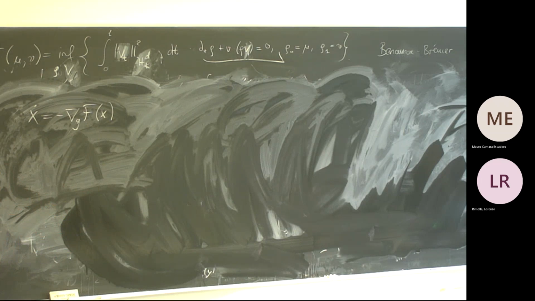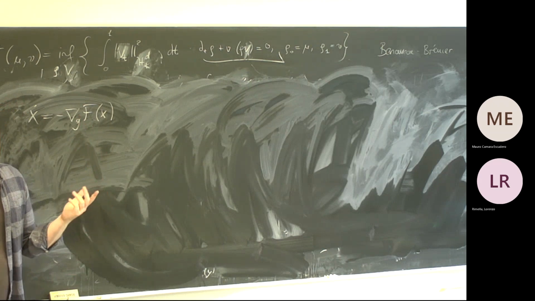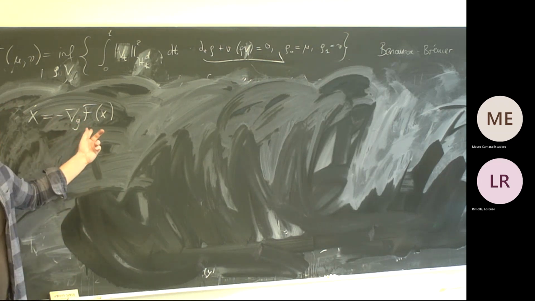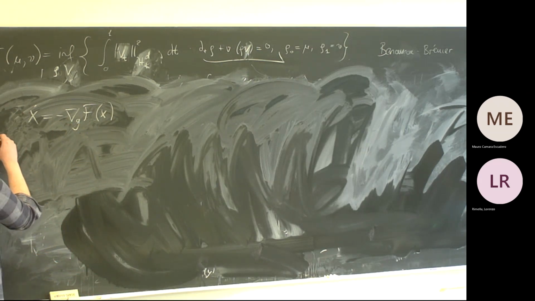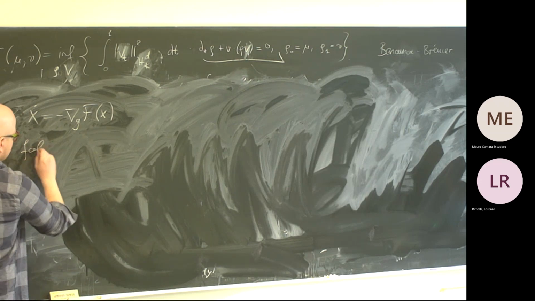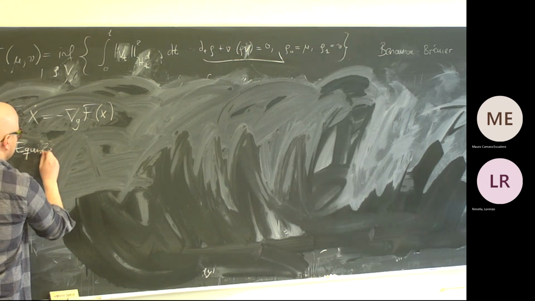What is interesting here, and what makes sense, is that the more convex this f is, the faster this will converge. So we can write it like this. The following holds. Okay, the following are equivalent.